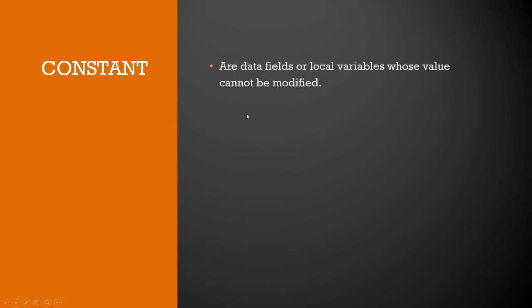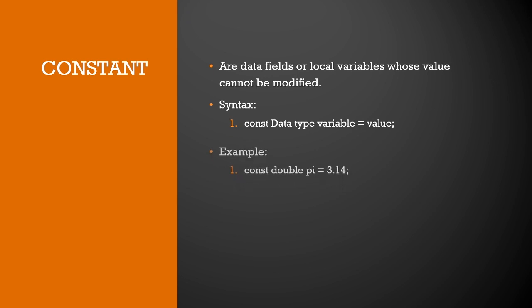Constant. Constants are data fields or local variables whose values cannot be modified. So let's see the syntax of how to define a constant. You just write const before declaring a variable. So const data type variable equals to value. Let's see an example.